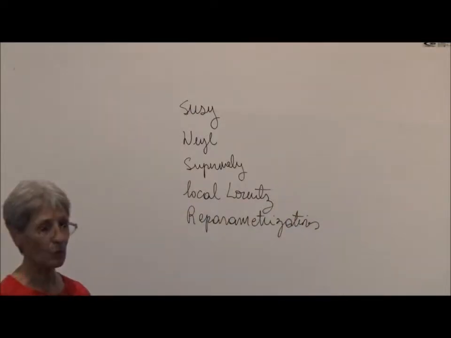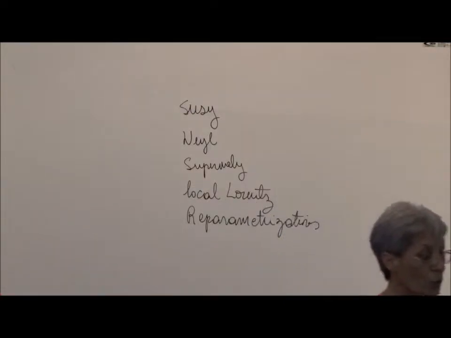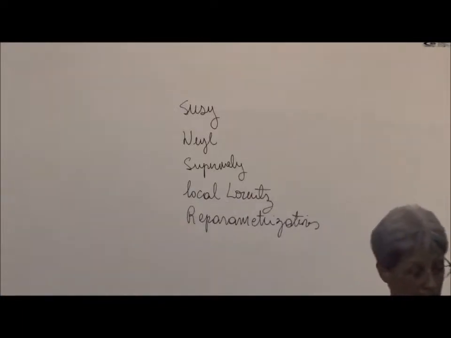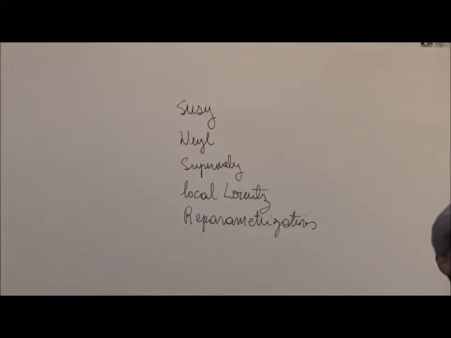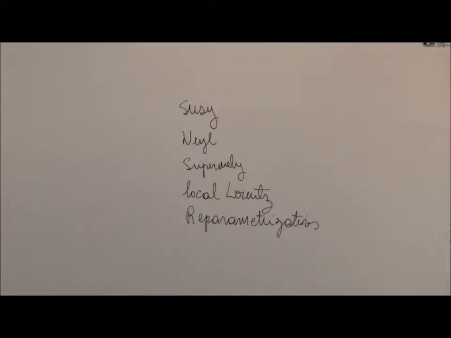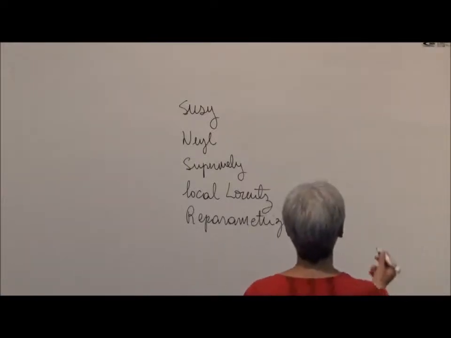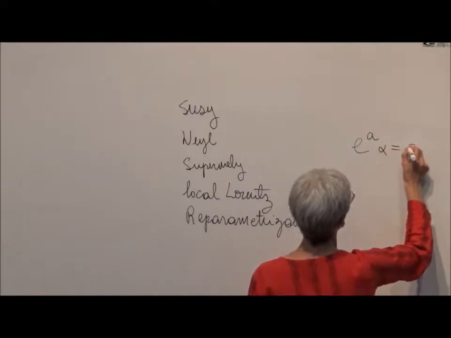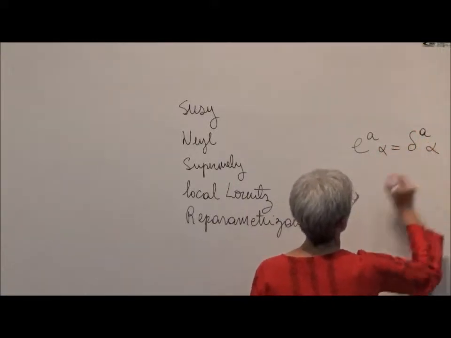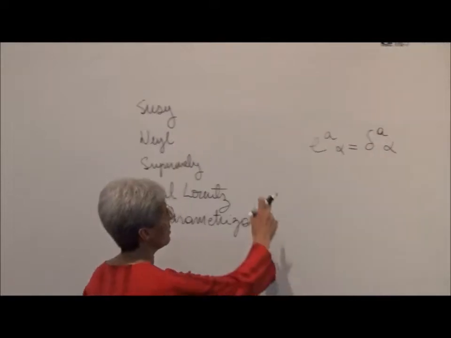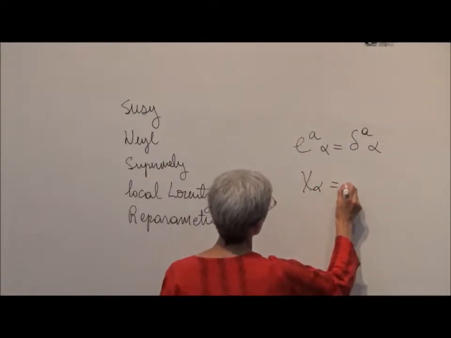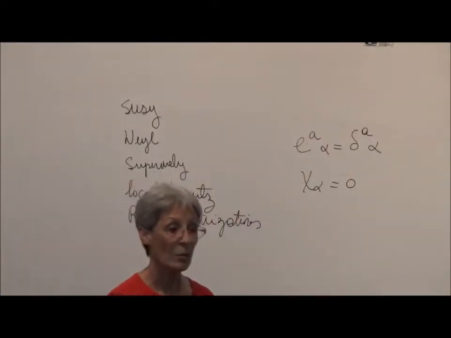And we were able to use all these symmetries in order to gauge away some components of the metric in 2 dimensions, and to gauge completely away the gravitino. So using these symmetries, we were able to fix the gauge and write the metric precisely as the delta function, and the gravitino was completely gauged away.